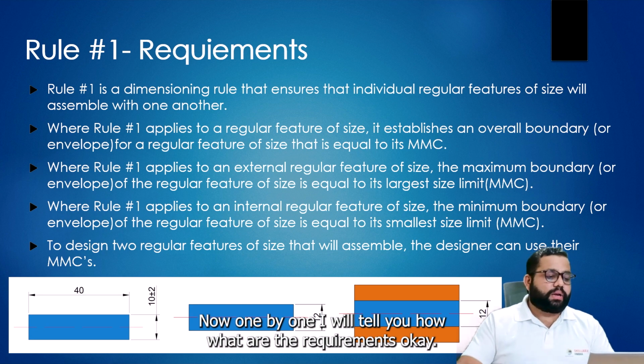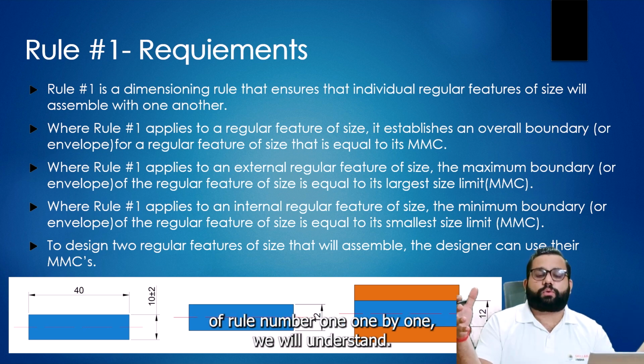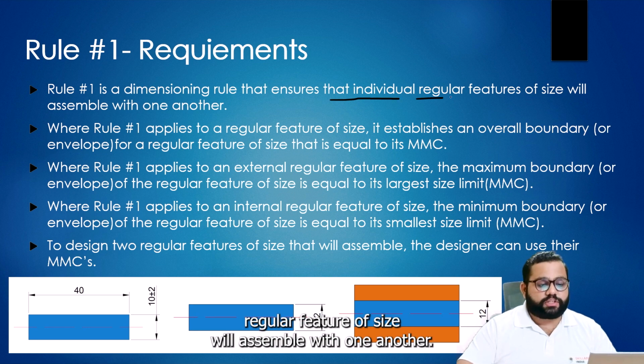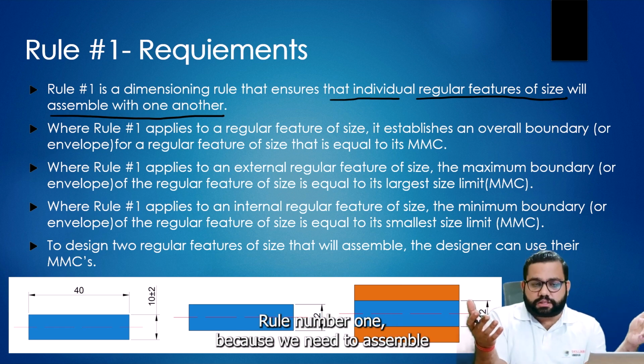Now, one by one, I will tell you what the requirements are. In detail, we will understand how to fulfill the requirements of rule number 1. Rule number 1 is a dimensioning rule that ensures that individual regular features of size will assemble with one another. Why are we learning rule number 1?